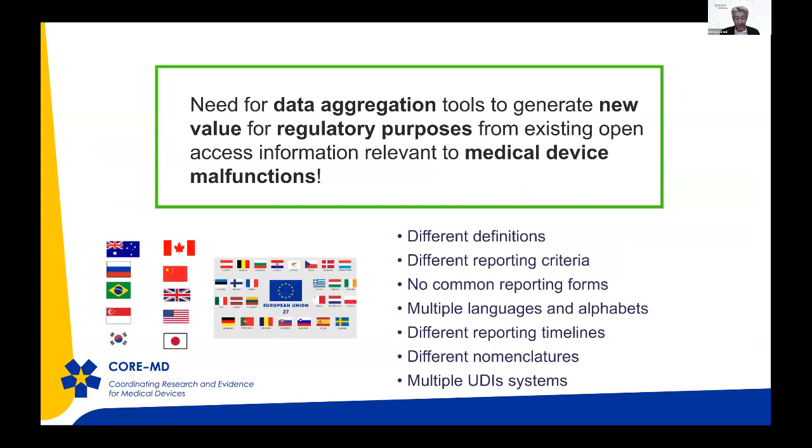However, several barriers are limiting the automation of this process, not only among different extra-EU market jurisdictions, but also among the 27 European countries, such as the usage of different definitions, different reporting criteria, no common reporting forms, multiple languages and alphabets, different reporting timelines, different nomenclatures, and multiple UDI systems, in particular among extra-EU systems.